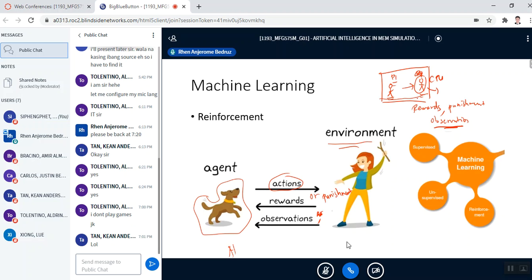Then the second time you run the program, it already knows something. In number one, if it's your first time to run the program, he would lose. So that's a punishment.